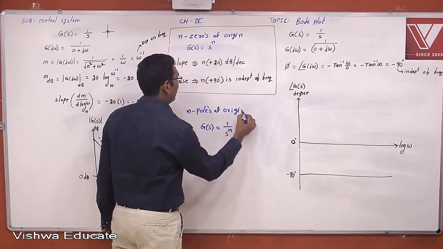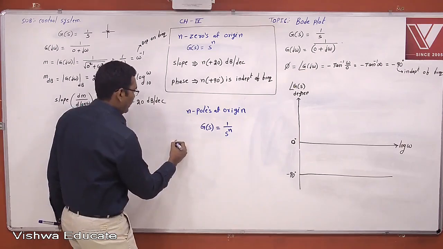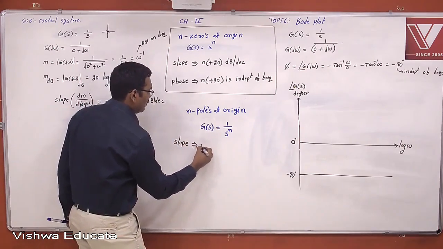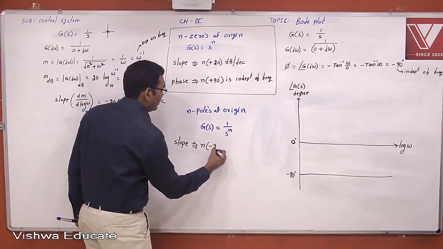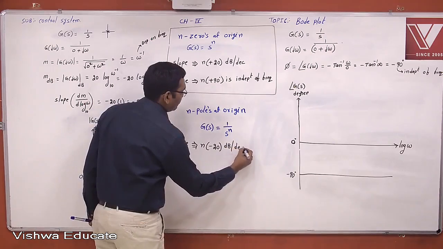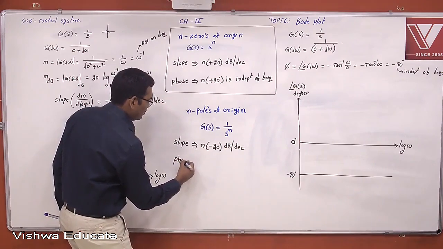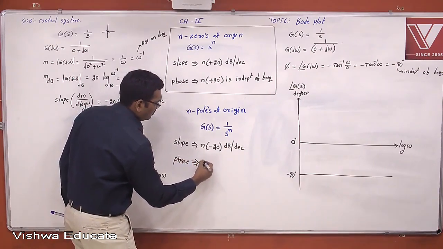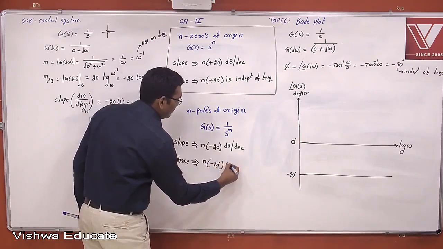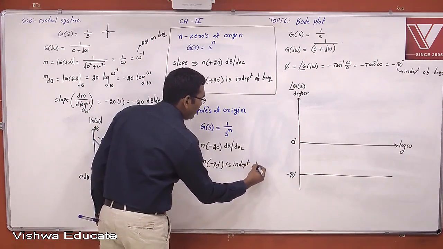If there are n poles at origin, then the slope is n into minus 20 dB per decade, and the phase is n into minus 90 degrees, which is independent of frequency.